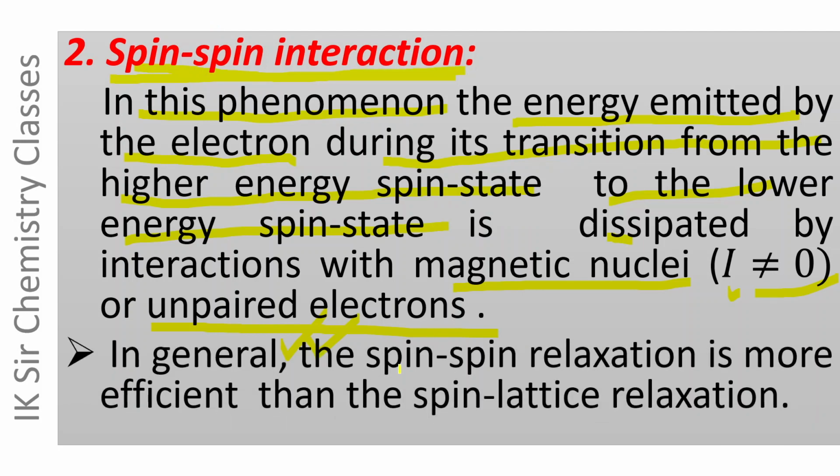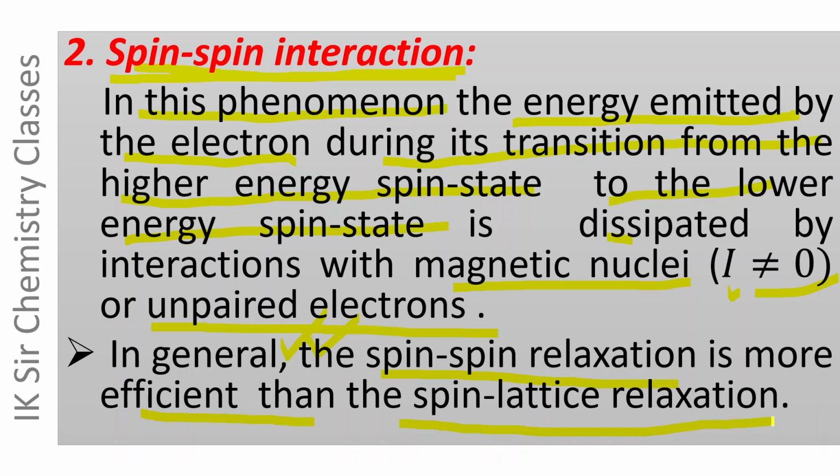In general, spin-spin relaxation is more efficient than spin-lattice relaxation, because two electrons can come closer to each other than an electron and a nucleus can.